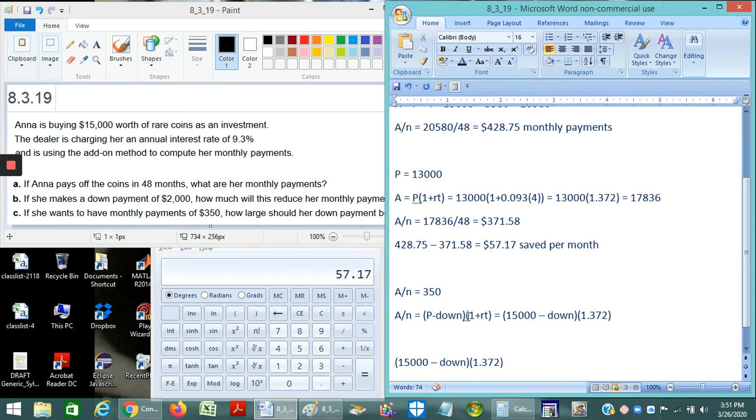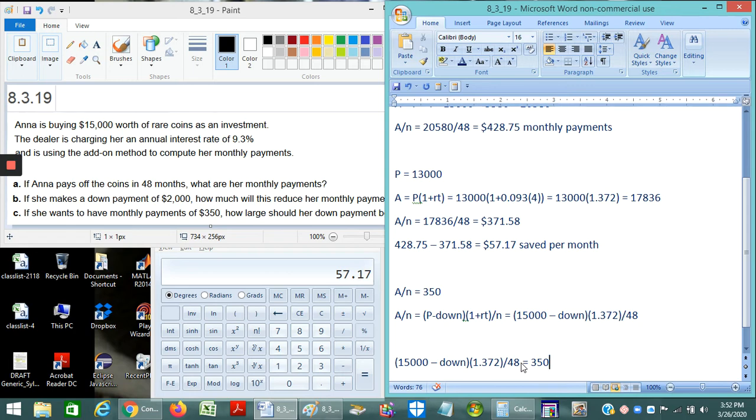Oh, divided by N. Not monthly payments yet. Okay, there we go. Divide by 48 months. Divide by N. Got it. So this divided by 48. Okay, so we're looking at monthly payments, and we also know that that is supposed to be $350. So this is the equation that we're looking to solve.